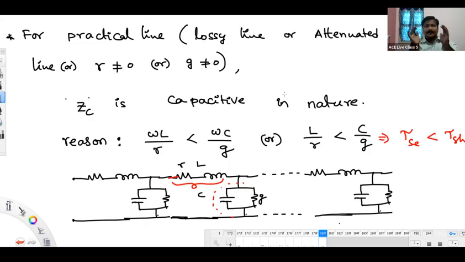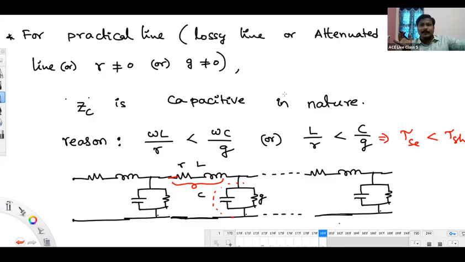Okay, listen please. Actually, energy, or you can say power, whatever it is, is getting transmitted from one place to another on the transmission line. How is it going to be transmitted?